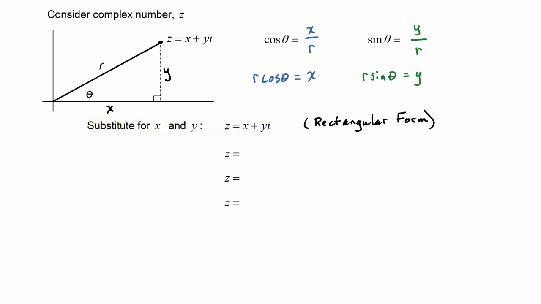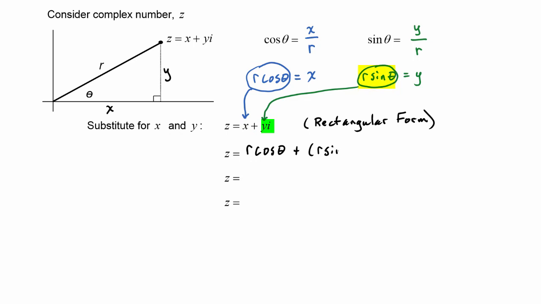We are going to take r cosine of theta and substitute it in for the x, and take r sine of theta and substitute it in for the y. Then z is going to now equal r cosine theta plus r sine of theta times i.